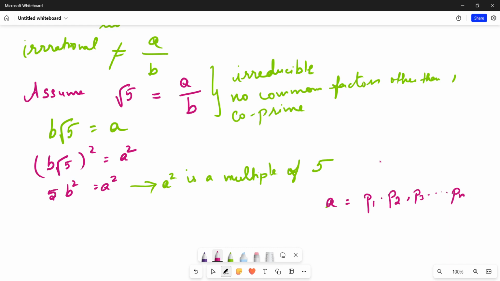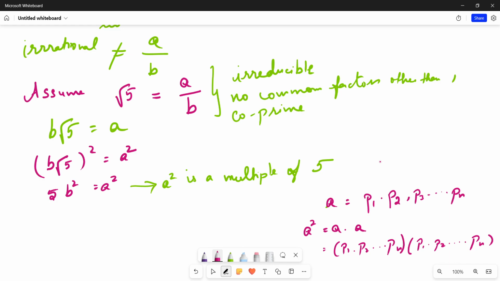So we are assuming that there are n primes, and so what would a squared have? What would the prime factorization of a squared be? a squared is nothing but a multiplied by a. So the prime factorization would be p1, p2 and so on till pn multiplied by the same prime numbers p1, p2, so on till pn.